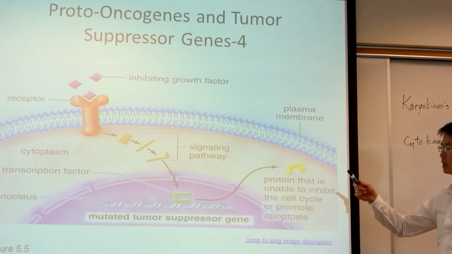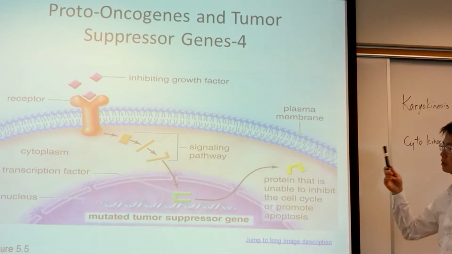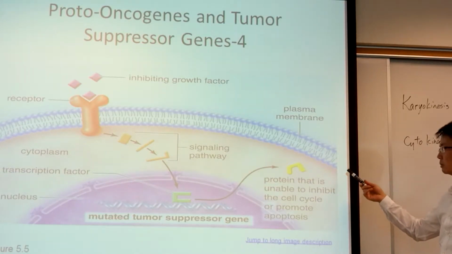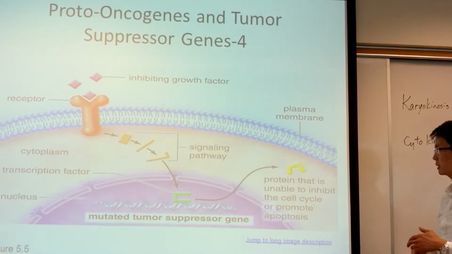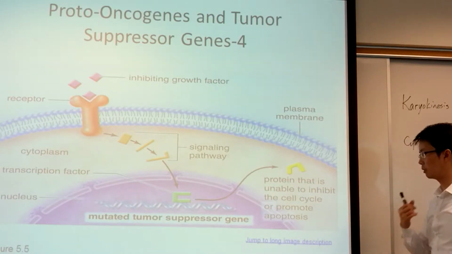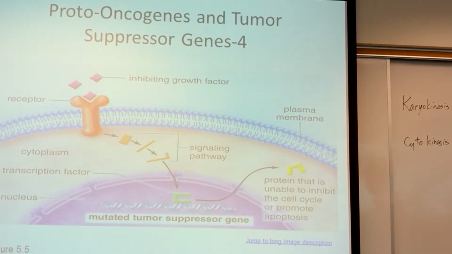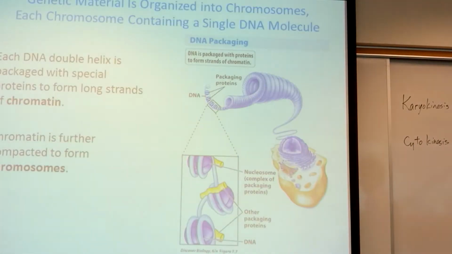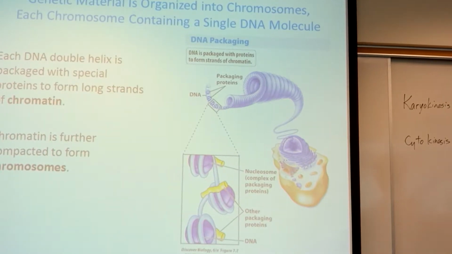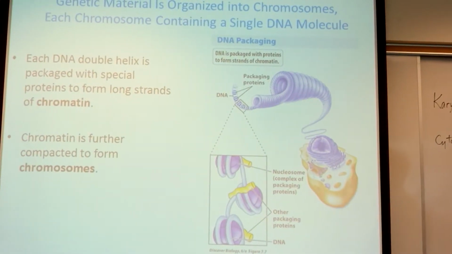Because it is a wrong inhibiting growth factor, the protein is unable to inhibit the cell cycle or promote apoptosis, and they will end up making some useless protein. So this is what I meant.